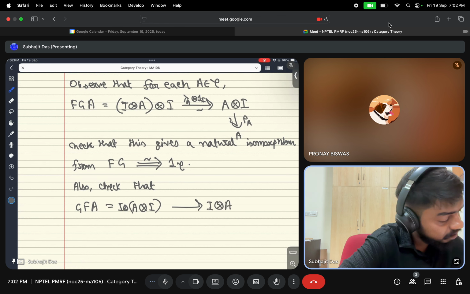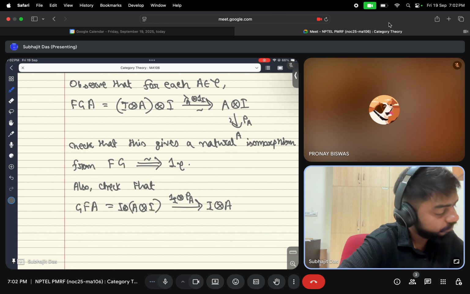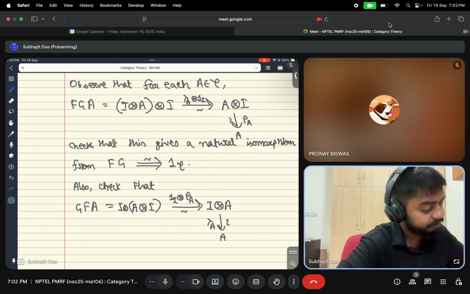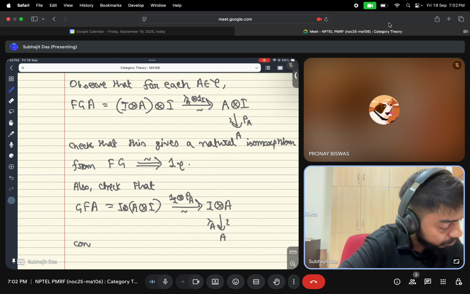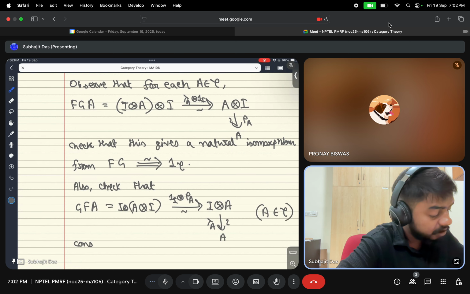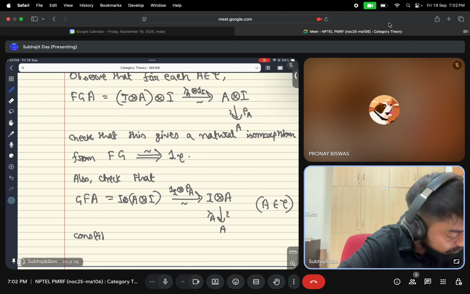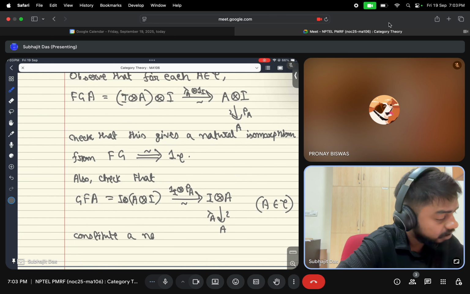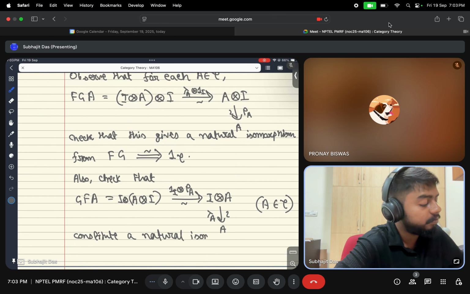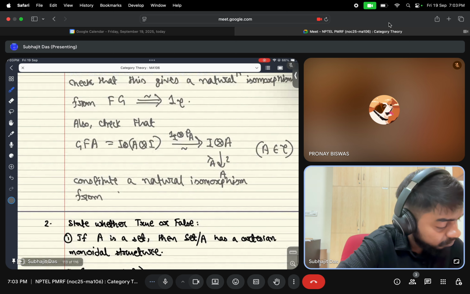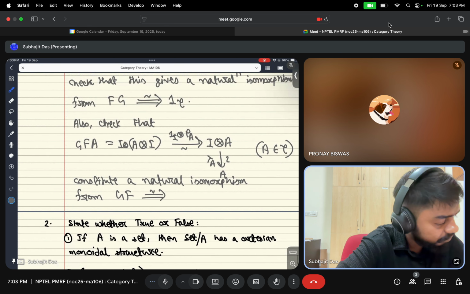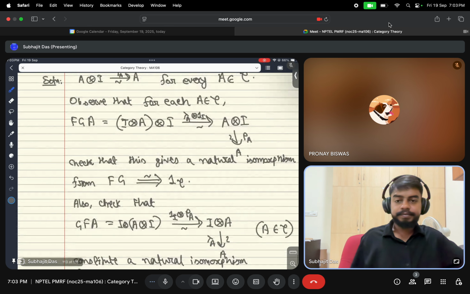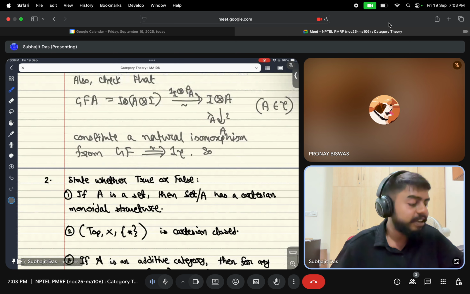This is 1I tensored with rho A to A, which is lambda A. So where A is in C, these constitute a natural isomorphism from GF to the identity on C. So F and G are equivalences of categories.